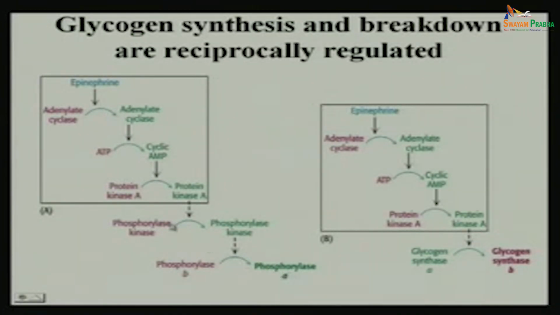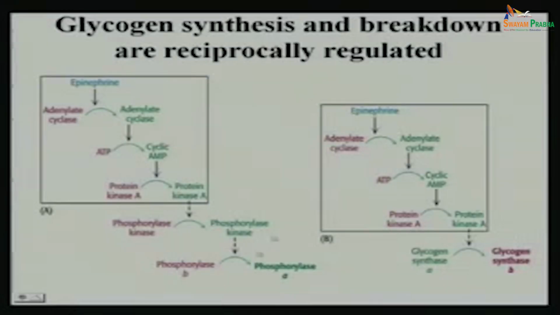We have seen that in the cell, when phosphorylase A is active, that means under starving condition, when the body needs glucose, this particular breakdown process takes place, and in this phosphorylated form this enzyme is very active.